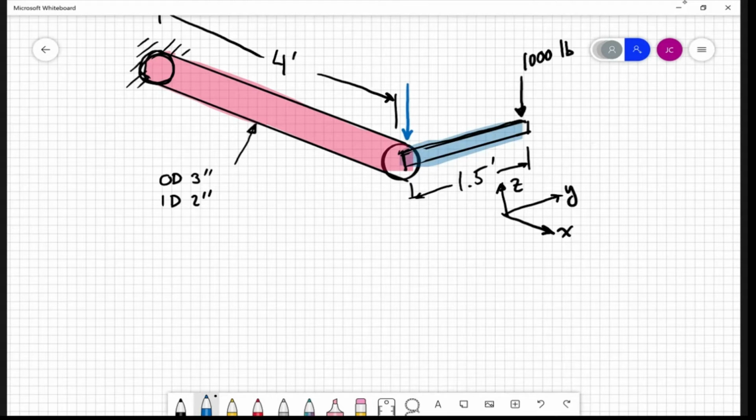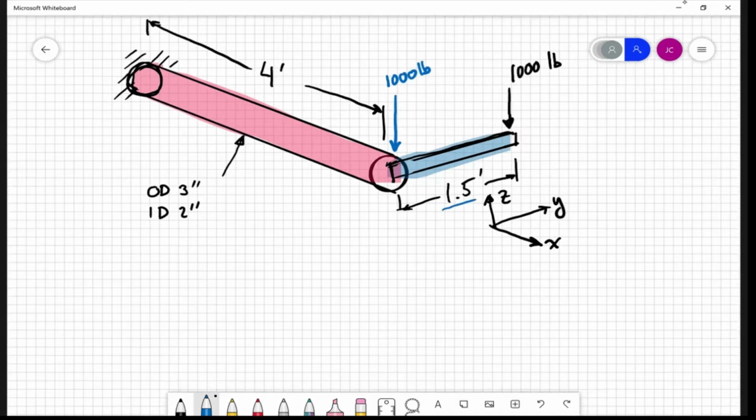And so that would be putting a torque here of 1,500 pound-feet, okay? So these blue forces are equivalent to the 1,000 pound force applied at that tip, okay?